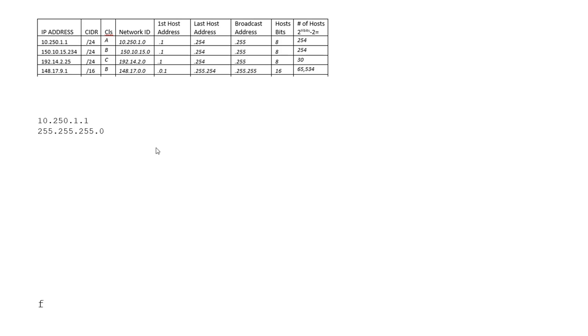So based on this, you can quickly see that what comes through as the network ID is 10.250.1, and then because we have the 0 here, this 1 does not come down, so this then becomes a 0.